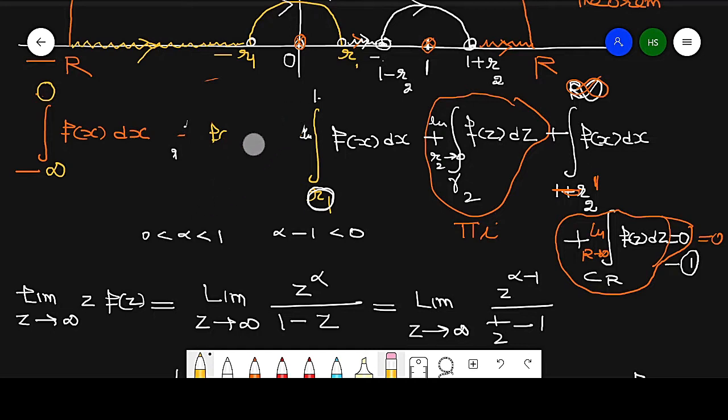So this term will be 0. So this integration plus this value plus this integration 0 to 1, so this is the integration 0 to 1 f of x into dx. So I remove this value again.